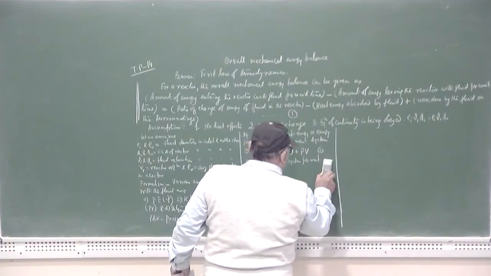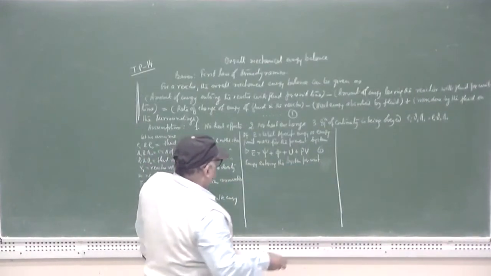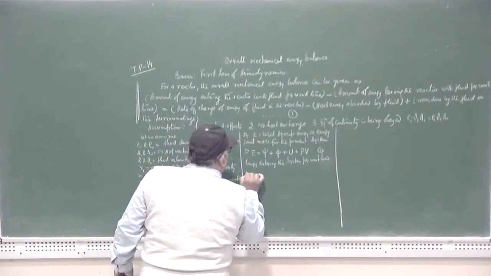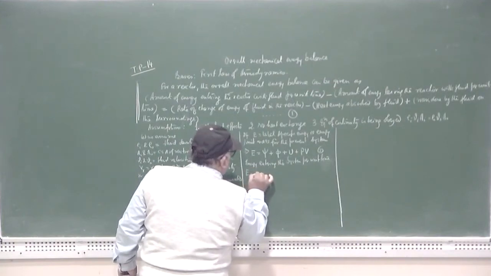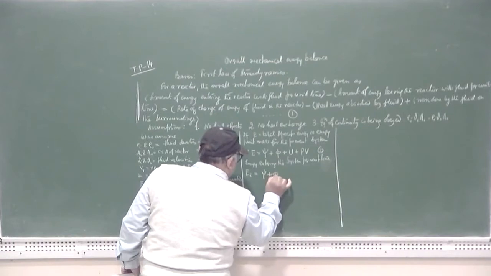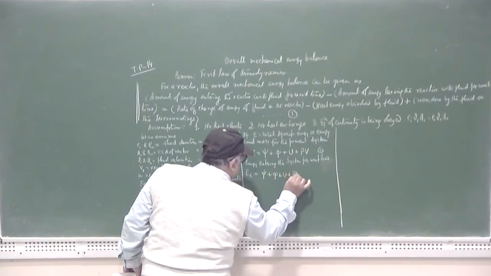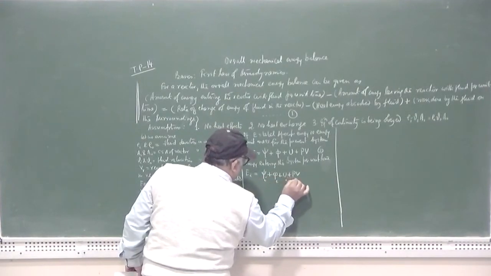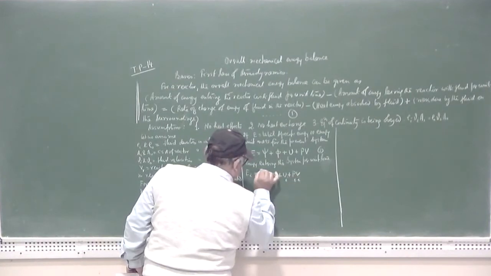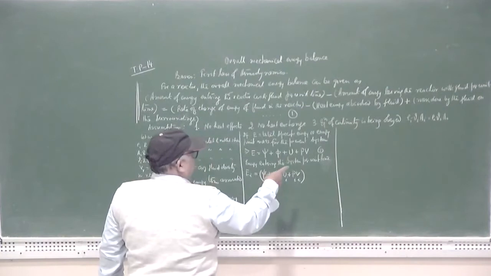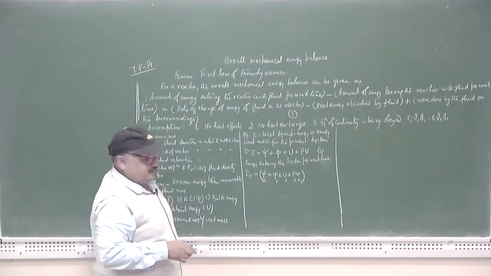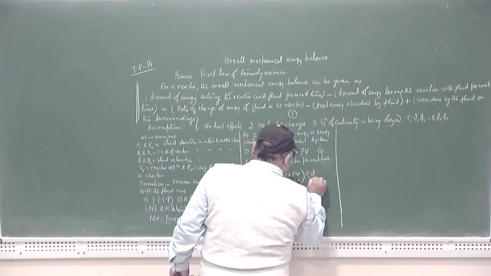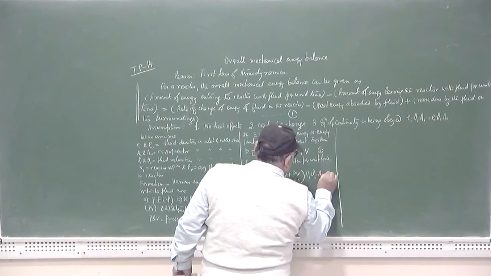Energy entering the system per unit time, let this quantity be EI, that should be equal to: first add all the specific energy terms, that is psi I, phi I, U I plus P I V I for the inlet stream, multiplied by the mass flow rate, that is rho I V I A I. Let it be equation number 3.